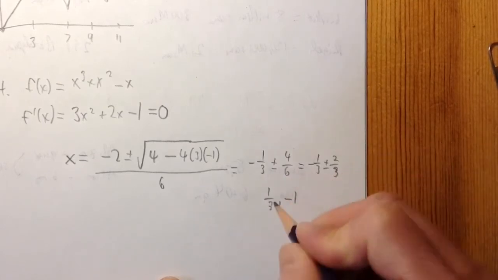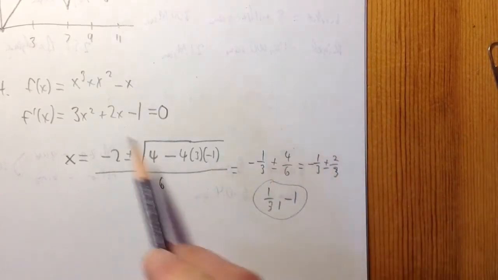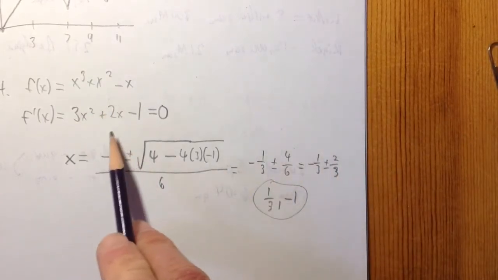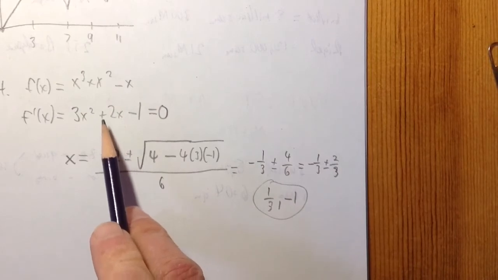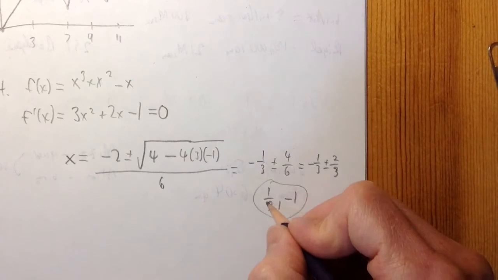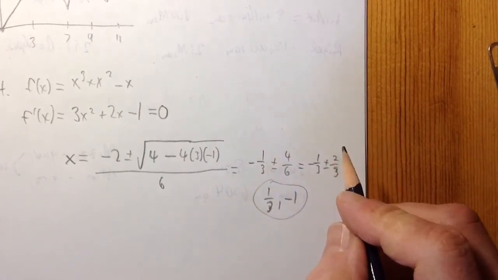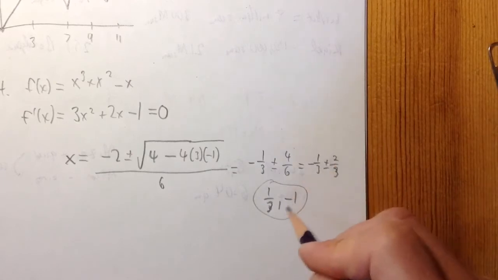So this has critical points of 1/3 and negative 1. There are no places where it does not exist, and we assume it goes on forever. There are no endpoints or anything, which aren't critical points anyway. It's only where the slope is 0 or the slope doesn't exist. Okay, so that's an example.